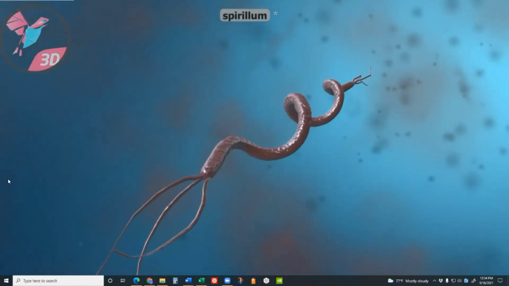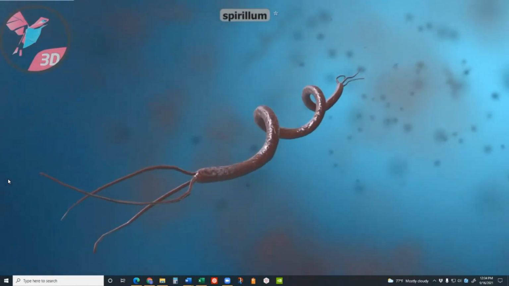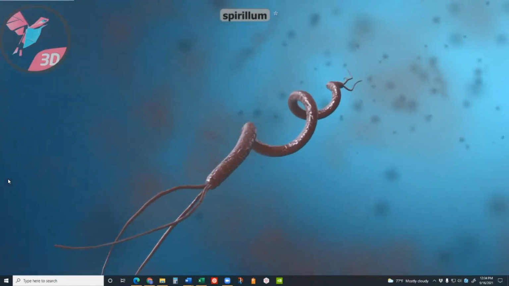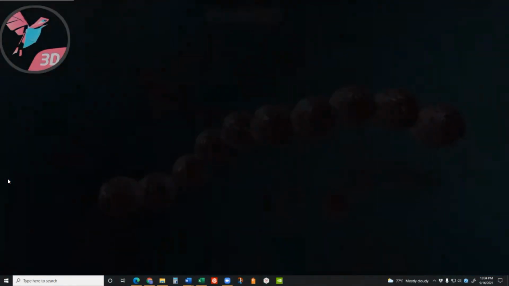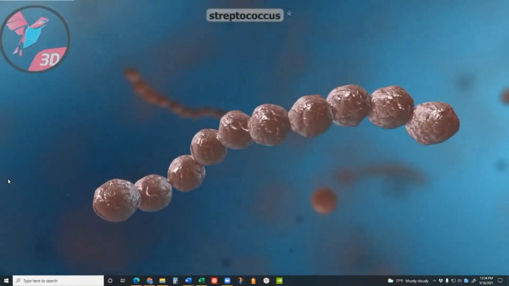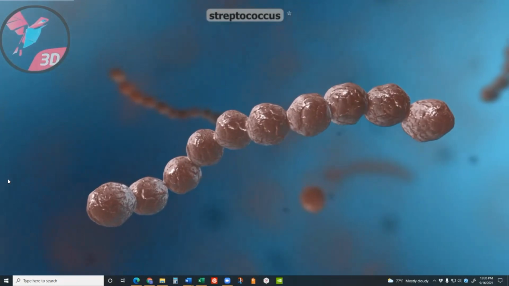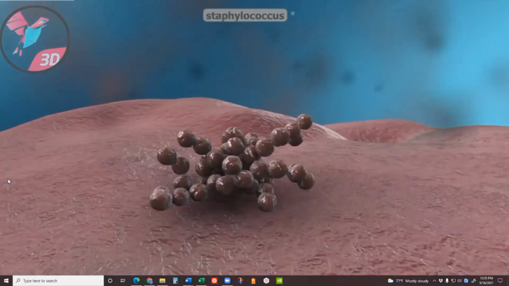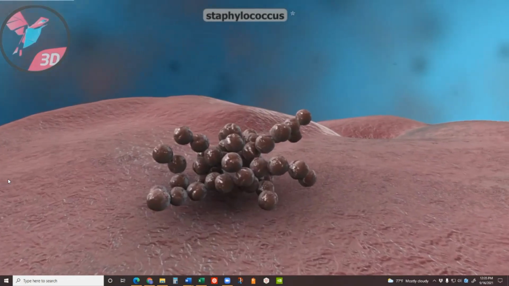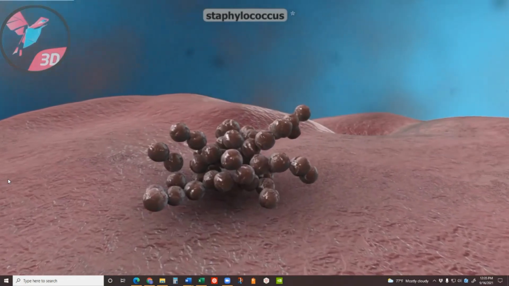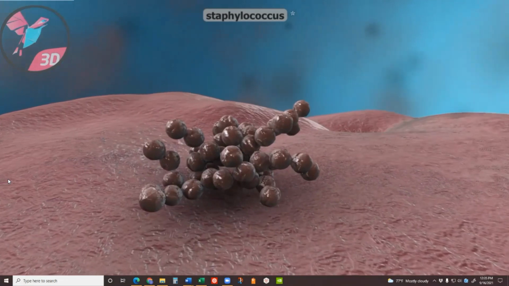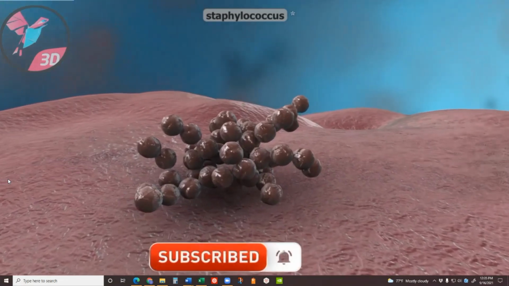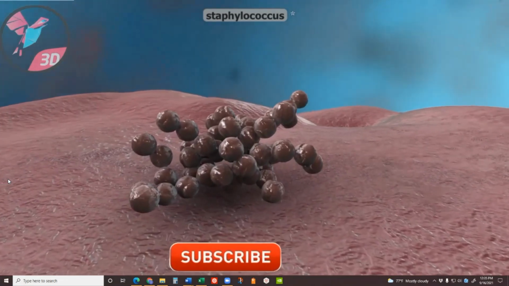Bacteria occur in a wide range of shapes, including spheres, rods, and spirals. Spherical bacteria, which are called cocci, can occur as single cells, pairs, chains, or clusters. Many bacteria that produce suppurative infections or pneumonia are spherical. Gonorrhea is also caused by cocci.